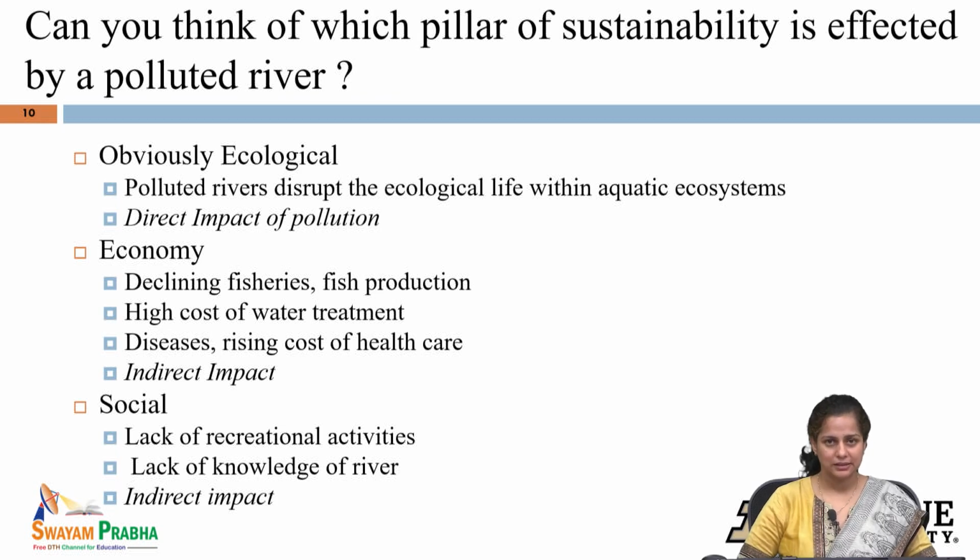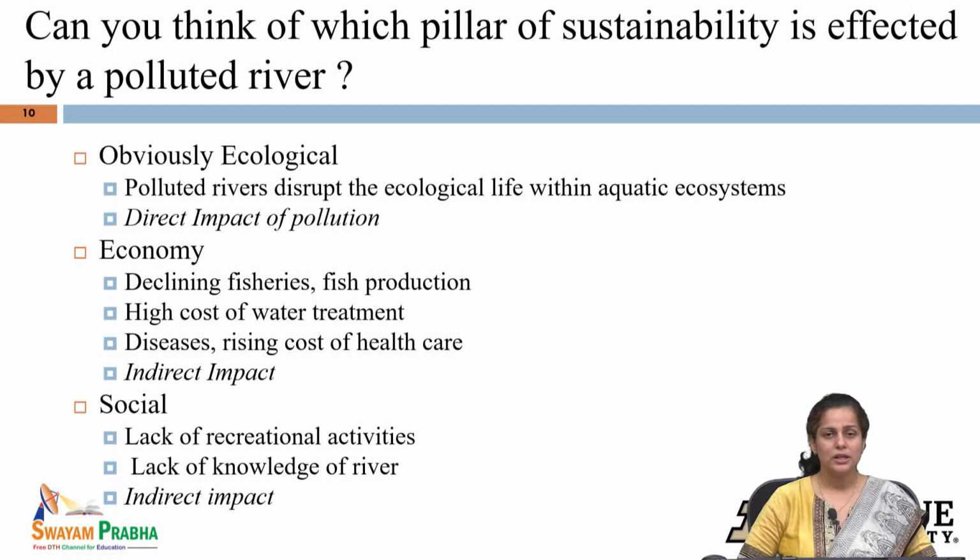and this again is an indirect impact. What I want you to highlight is that the direct impact of pollution is something that is very easy to know. We really think a lot about how we are disrupting the fisheries, but we do not really see how it is affecting the economy and the social sustainability because of the indirect links of this pollution to economic food production, but also to the social systems.